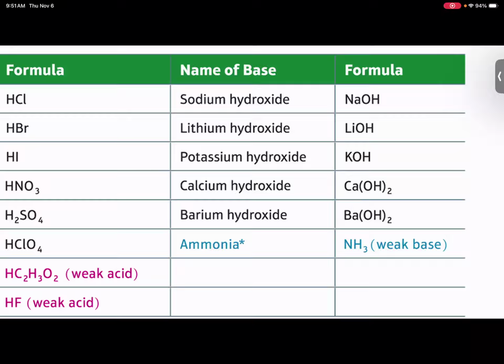In other words, your strong bases follow the solubility rules associated with hydroxides as being soluble or slightly soluble. And then your weak bases typically are identified because they have some sort of amine functional group.